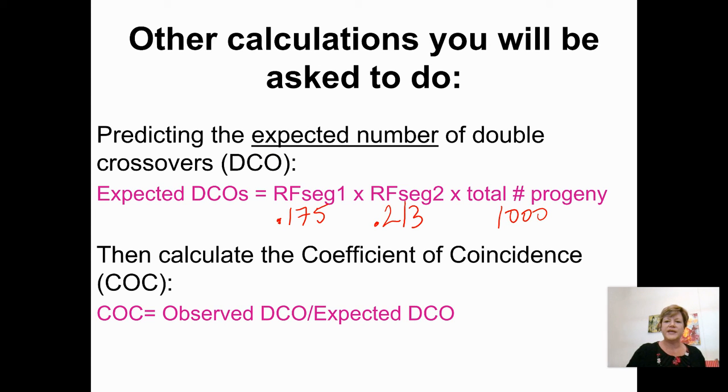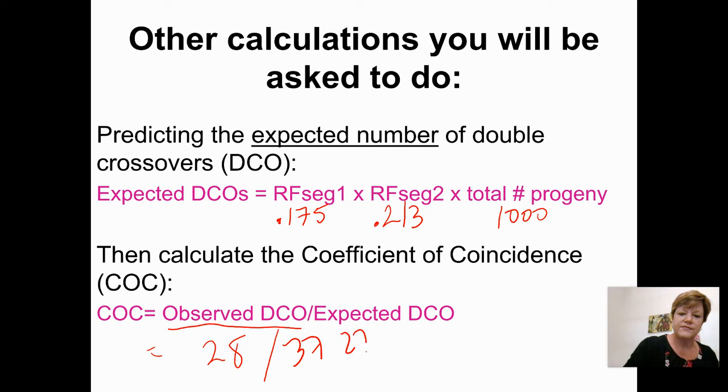And then you're going to be asked to compare that to what has been observed. So 28 were observed, and 37.275 is what was expected, and you make a ratio or fraction of that. And that's called the coefficient of coincidence. How well do your observed and your expected match up?